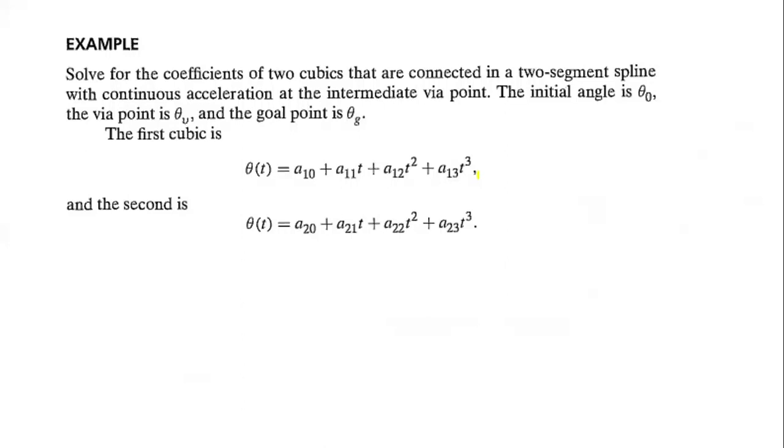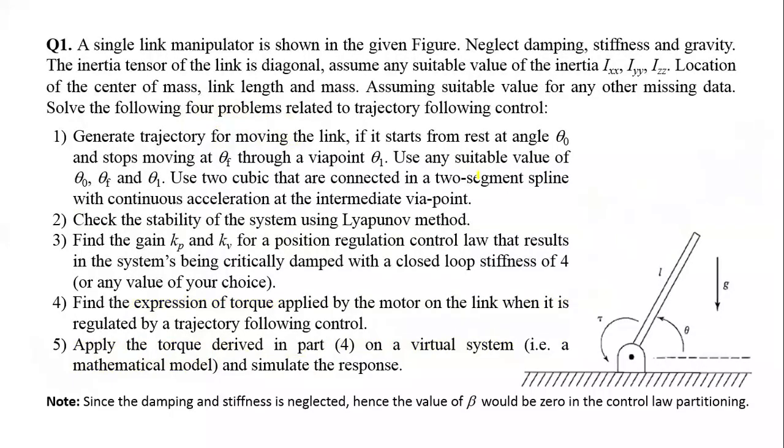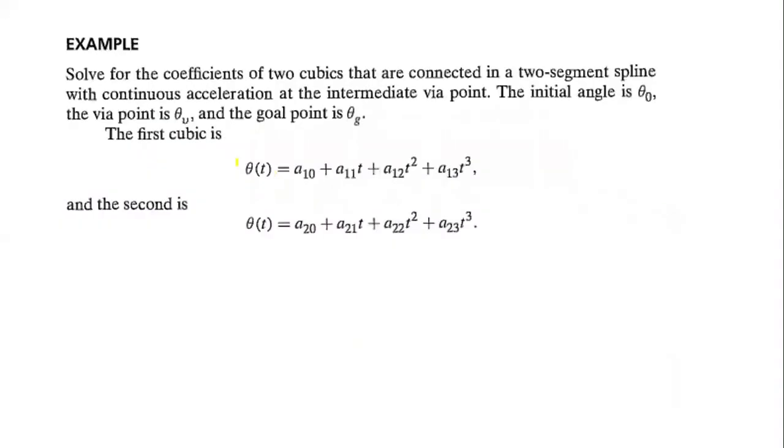The first problem of our question is to generate a trajectory using 2 cubics. So we can use these 2 cubics, solve them and find out the coefficients a10, a11, a12, a13, a20, a21, a22, and a23. How will we solve for these coefficients?